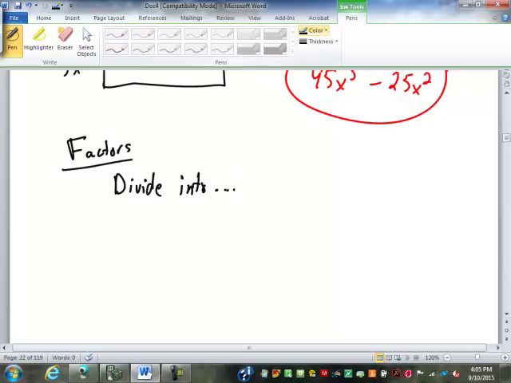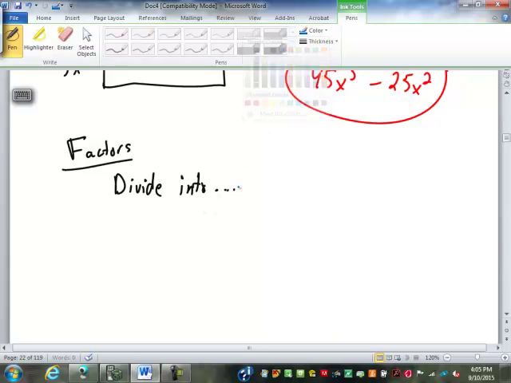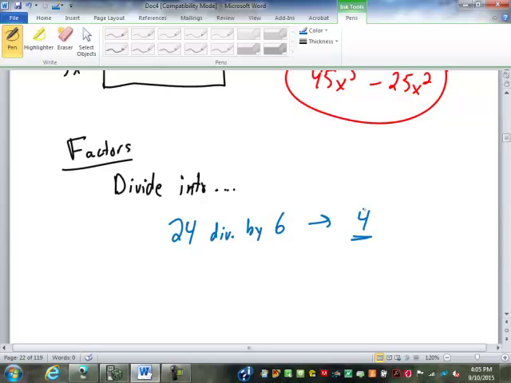So the first thing we have to figure out is defining what it means to divide into. And I'm just going to define it by example. 24 divides by 6 because 24 divided by 6 is 4. There's no decimal, no fraction, no remainder. Divides evenly with no fraction, remainder, or decimal.